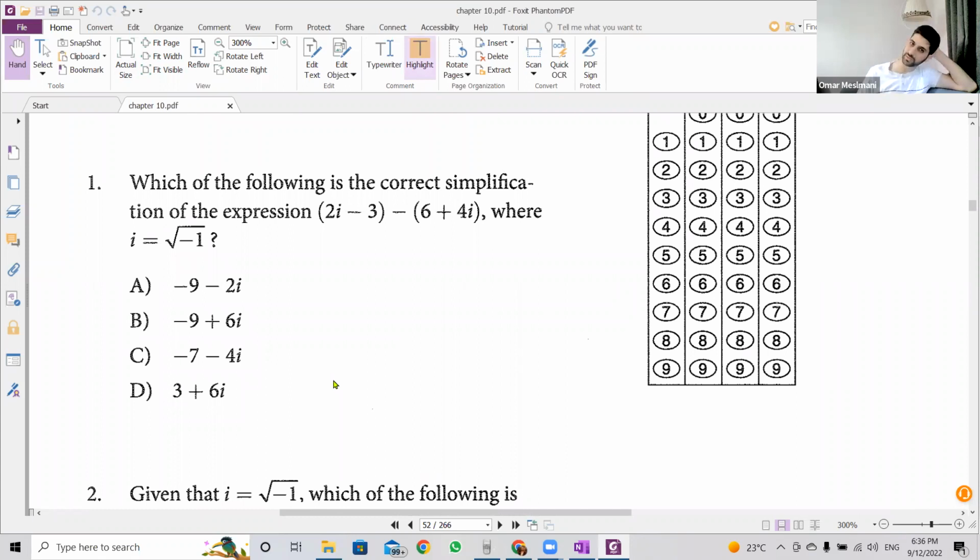Who's going to solve it the fastest? And I have an answer from Muhammad. Nice. Yeah, correct.